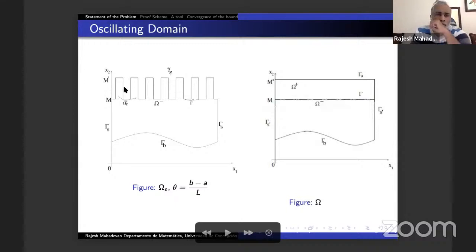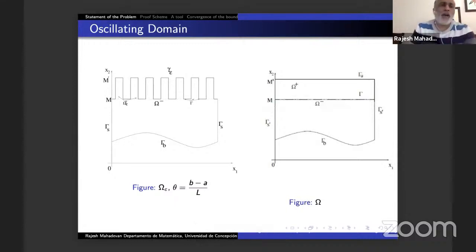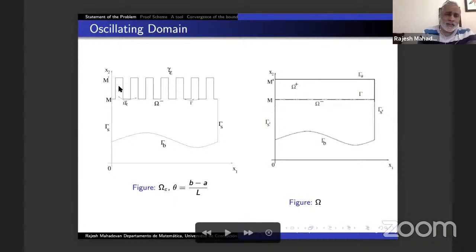But when you rescale the domain, the point integral doesn't really scale.